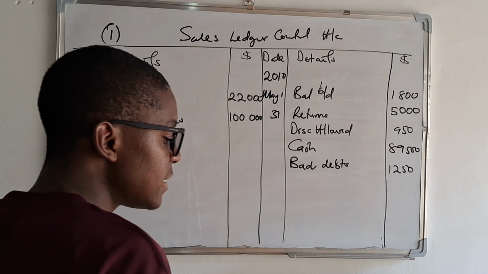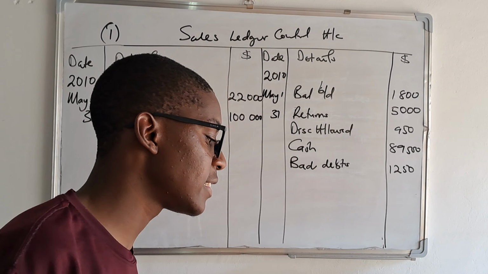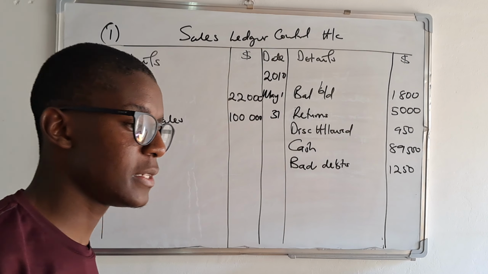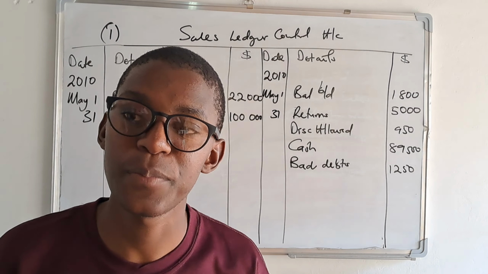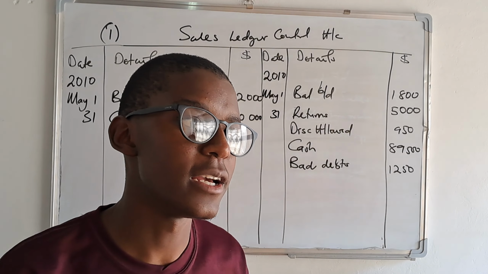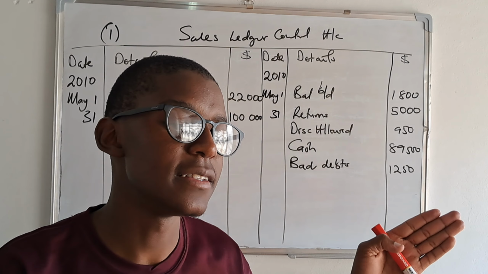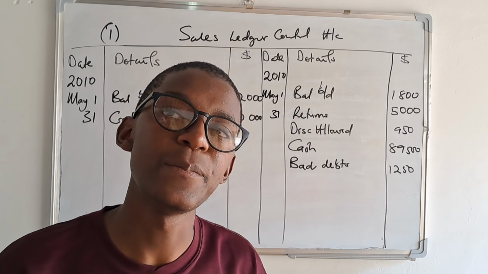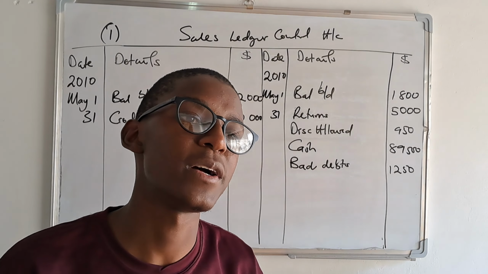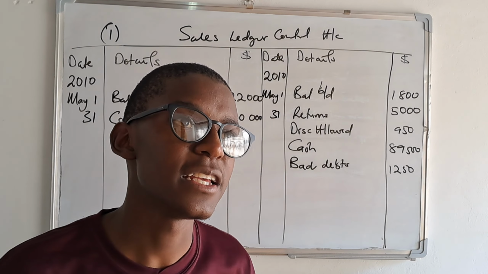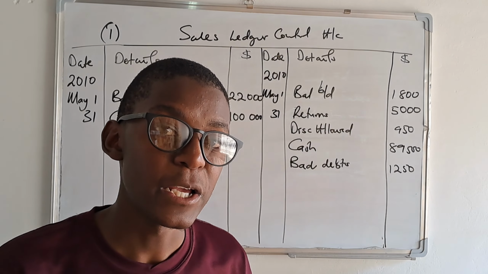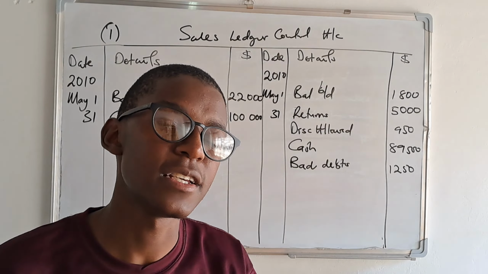Then purchases ledger balances set off against sales ledger balances. What it means is a contra entry. Suppose we have a balance in the sales ledger of $50. Then in the purchases ledger control account, we have a balance of $50. Suppose, for example, you are a customer, let's say it's Vusa.